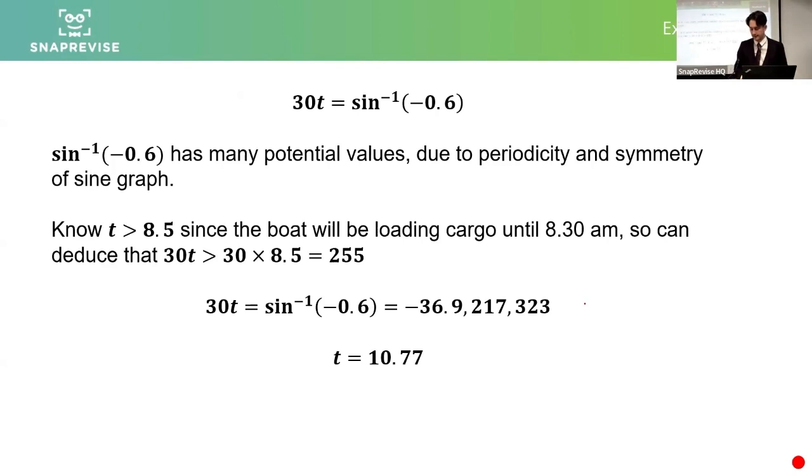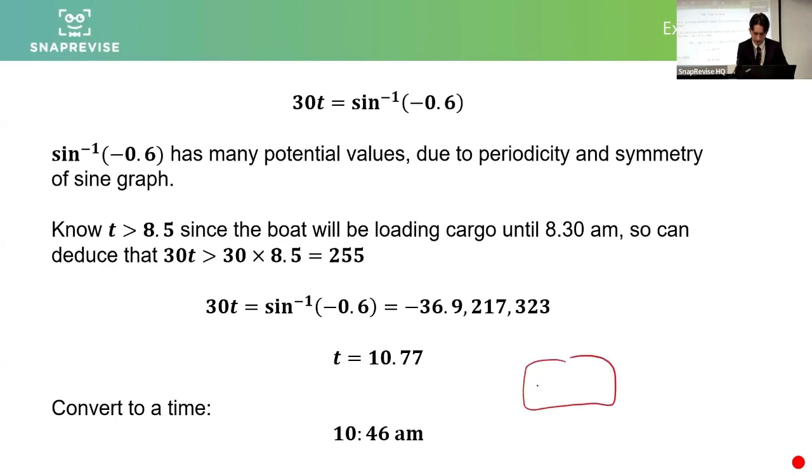That's not that handy, so we want to convert that to a time using base 60. If you've got the ClassWiz or the older calculators, you'd write 10.77 and then use this button, which will turn it into 10:46 as a time.